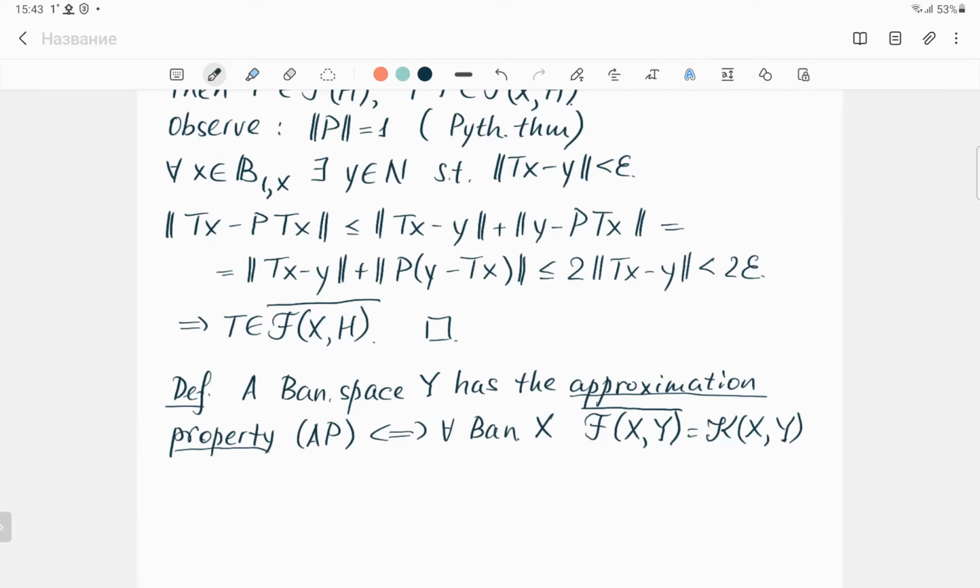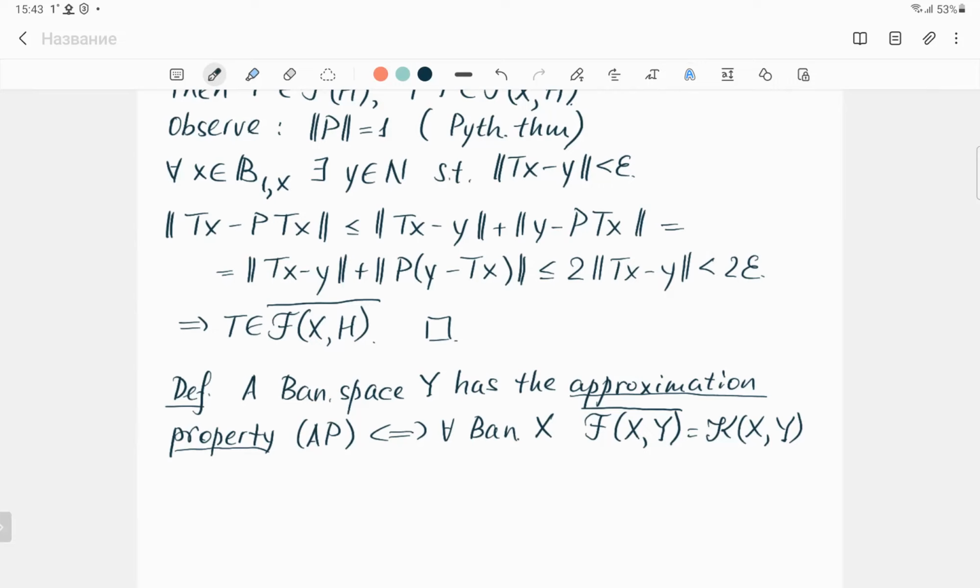And he proved that essentially all classical concrete Banach spaces have the approximation property. But even Grothendieck, who was definitely a great man, was unable to solve the approximation problem. So he didn't know if this property holds for each Banach space.